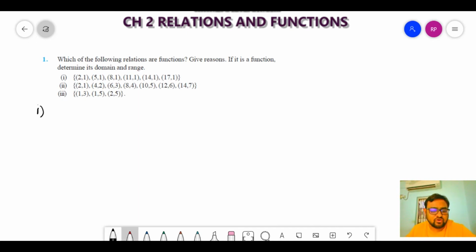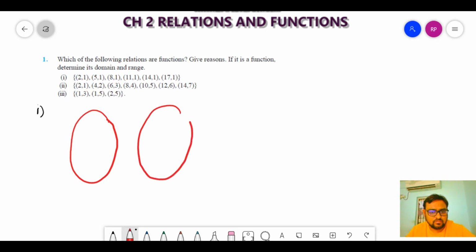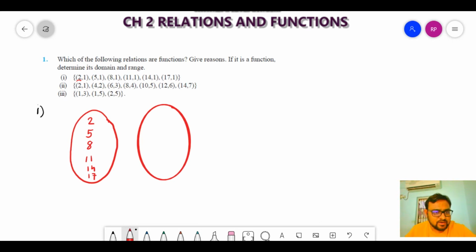If I draw an arrow diagram, let this be the first set, which includes the first elements, that is the domain: 2, 5, 8, 11, 14, and 17. And in the codomain part, let's include the range, that is the second element: 1, 1, 1, 1, 1. So it's only having 1.